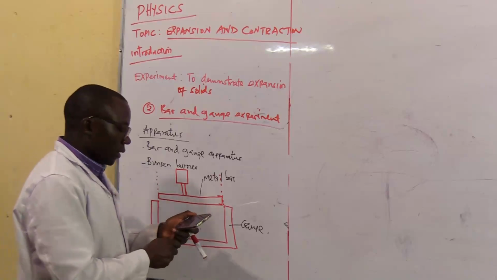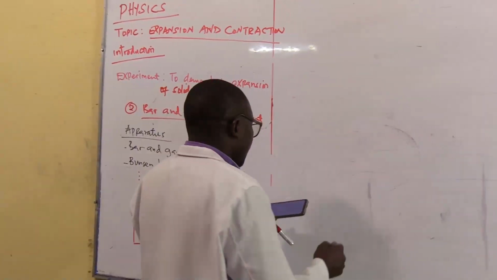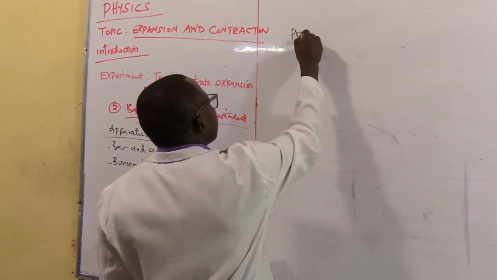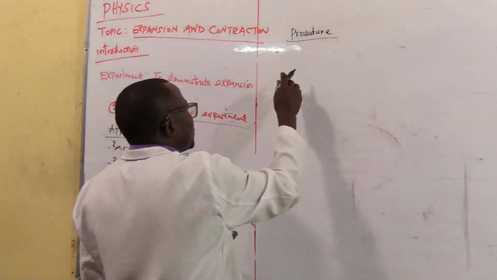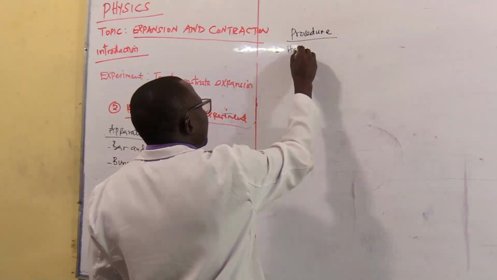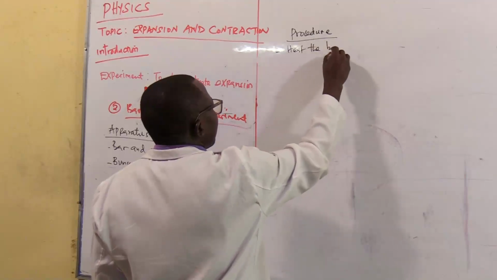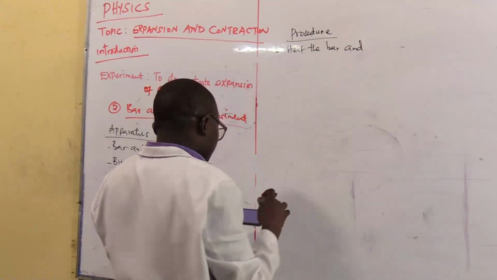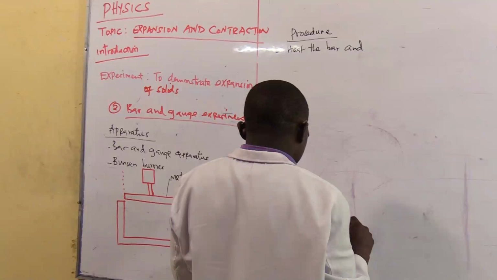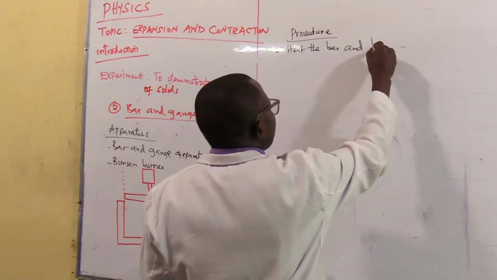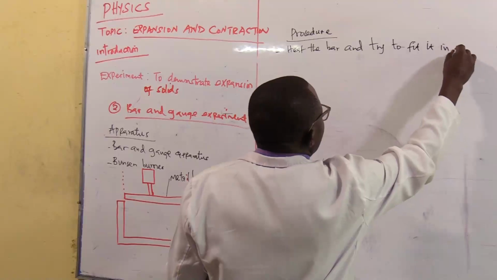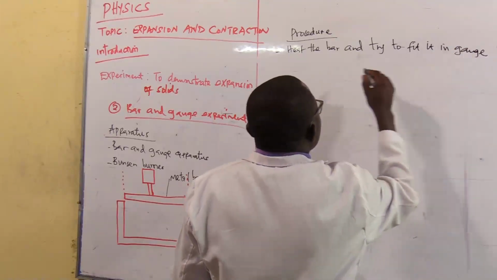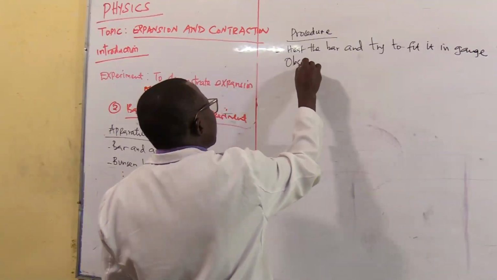Then you now heat the bar and try to pass it. I've just picked the last part of the procedure because I've already explained it to you. So heat the bar and try to fit it in the gauge. Observe what happens.